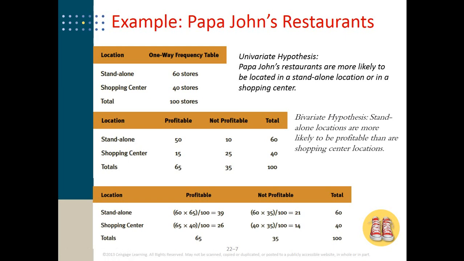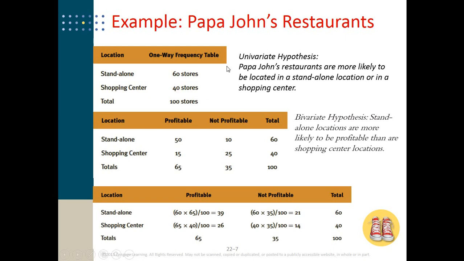Last week, when we discussed the univariate chi-square test, we had an expected frequency that the stores in standalone locations and shopping centers are equally distributed. That means 50 stores in a standalone location and 50 in shopping centers. So that was the expected observation, and these are the actual observation.